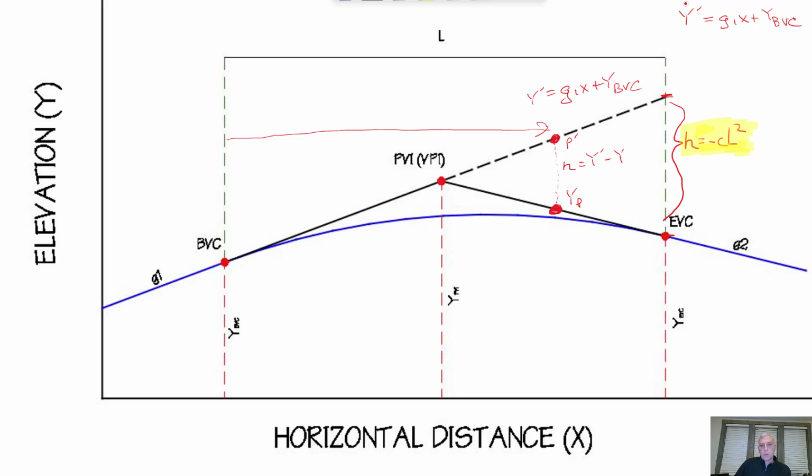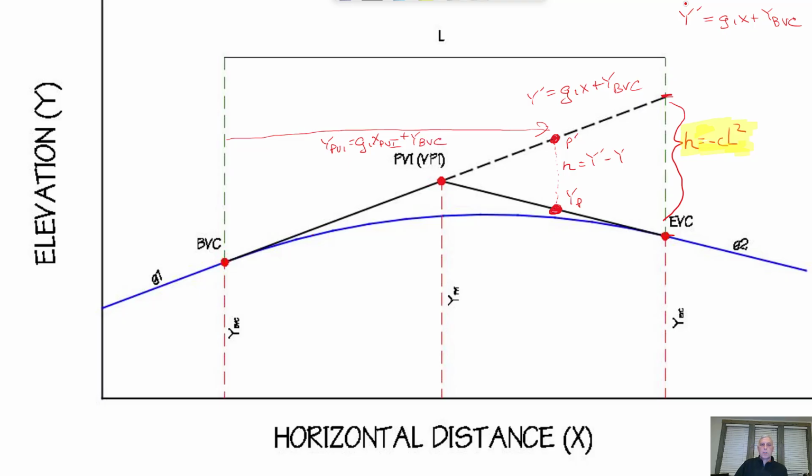Okay. Let's see, what's the elevation of the PVI? Well, we use our G, it's going to be y PVI equals G1 of x, let's call it x PVI, plus y BVC.